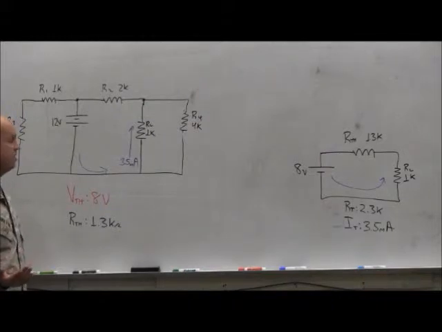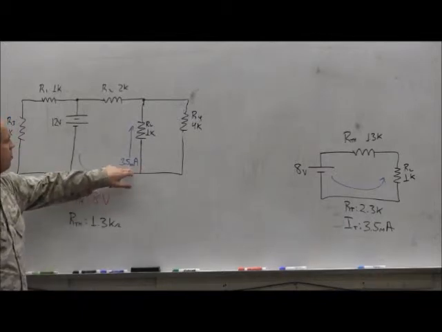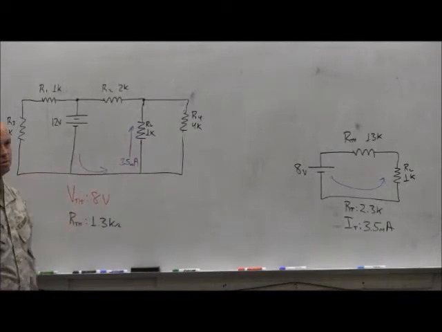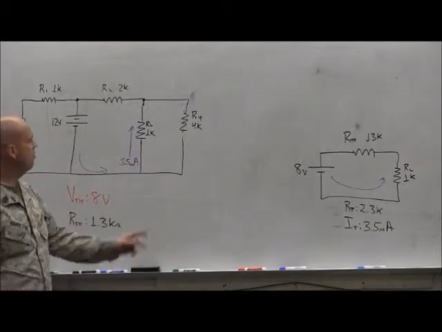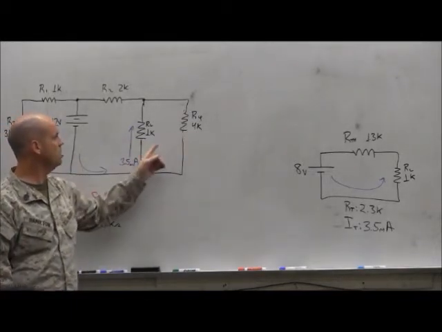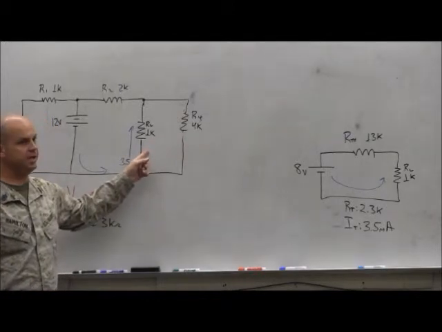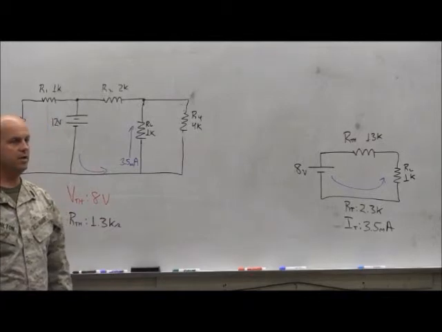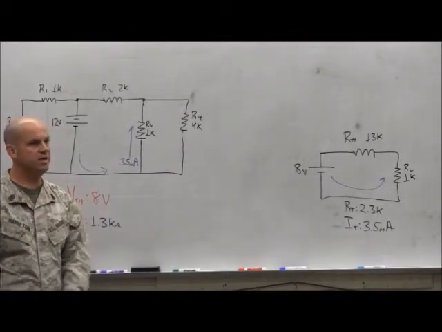Now, one other application of this, just a real quick note. If I've got 3.5 milliamps across the 1K ohm resistor, what's my voltage there? 3.5 volts. If R4 is in parallel with RL, it is, yes, then this has also got 3.5 volts, right? So can I find the current across this?